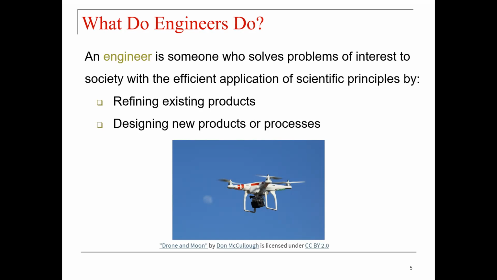We are basically the doctors of the systems, or the doctors of the robots, or the doctors of any engineering system. So we try to make this system work efficiently, and we try to refine them by new designs or designing new products or processes to solve a particular problem.